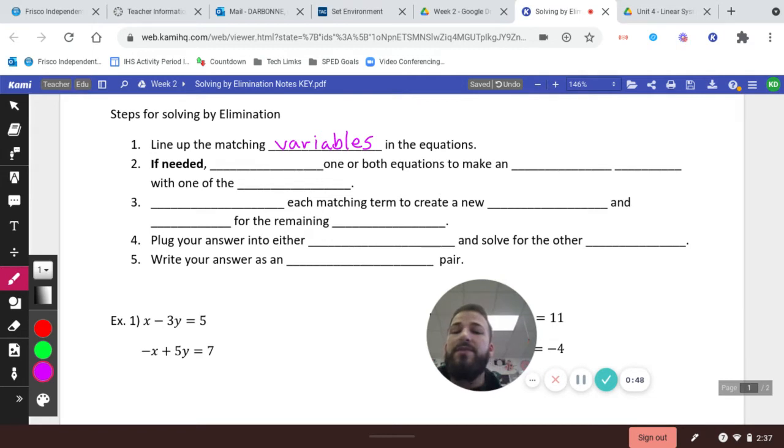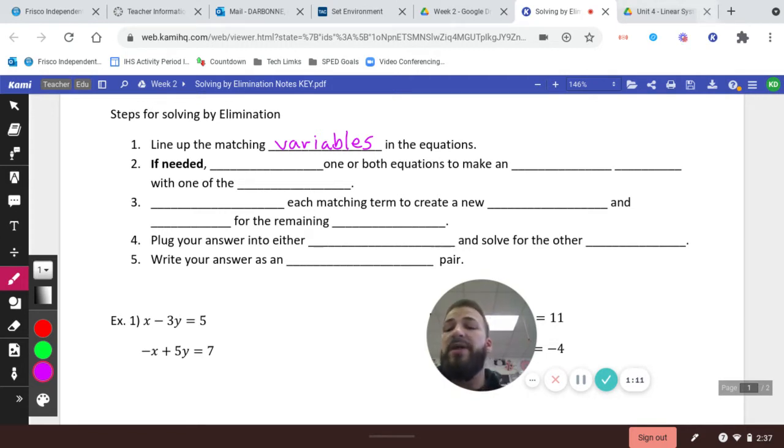So just like we've talked about with graphing, it's best to graph when both of them are solved for y equals. With substitution, it's best to use when one of the two equations is solved for a variable. Elimination is best to use when you have x and y lined up on the same side of the equation. So they all have situations where they're best.